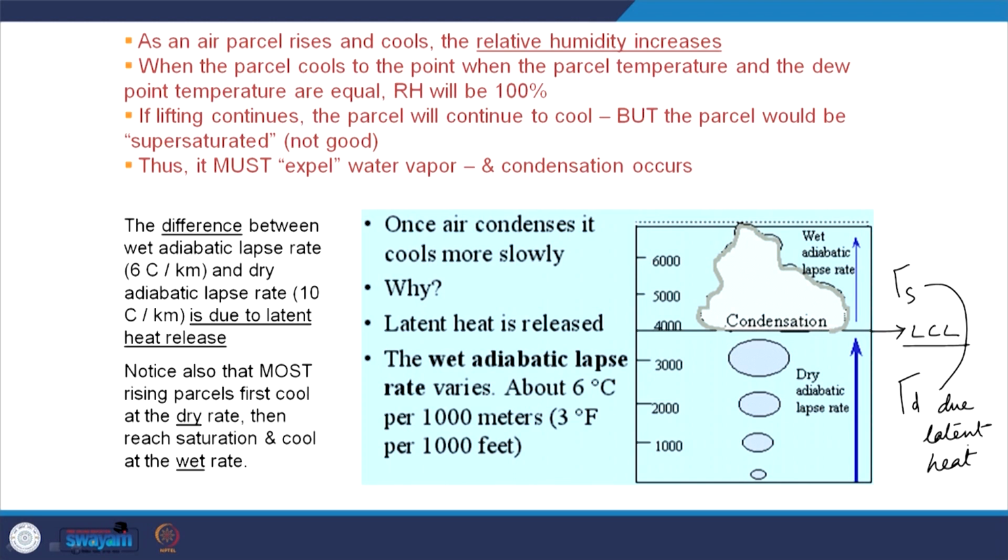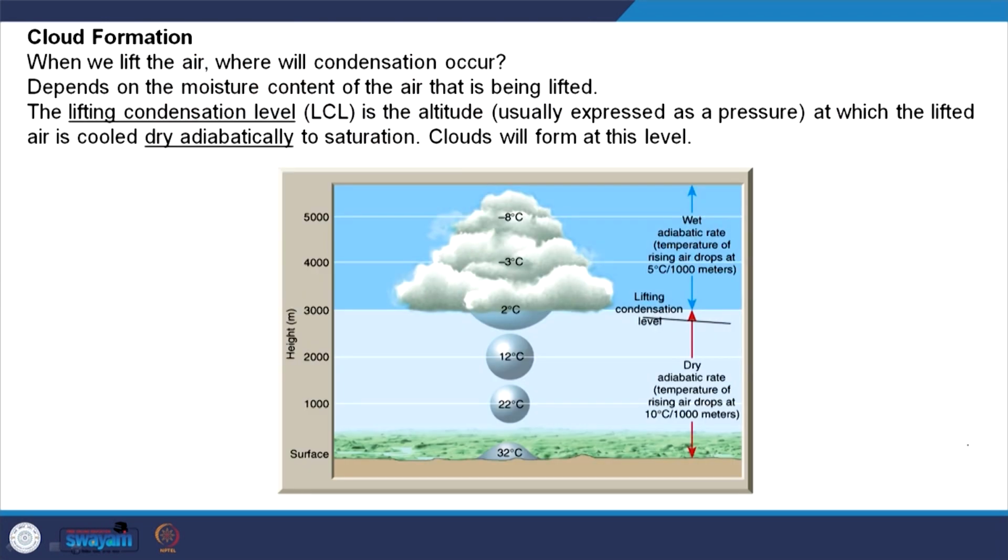Now in today's class, we have realized that once the air parcel rises, it is rising against the force of gravity. So what must be the mechanism which allows such an ascent of the air parcel into the atmosphere?